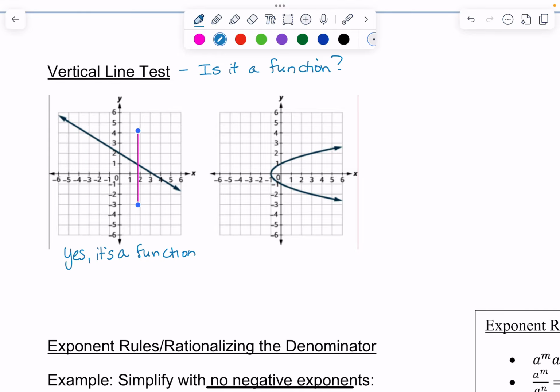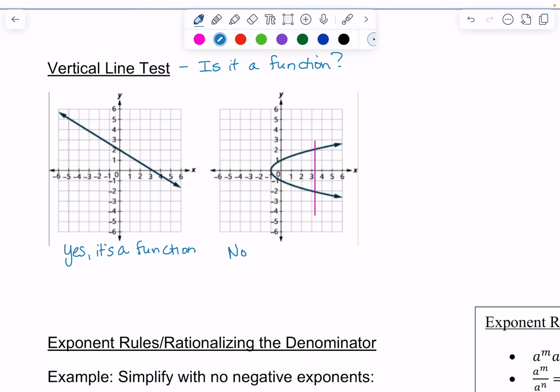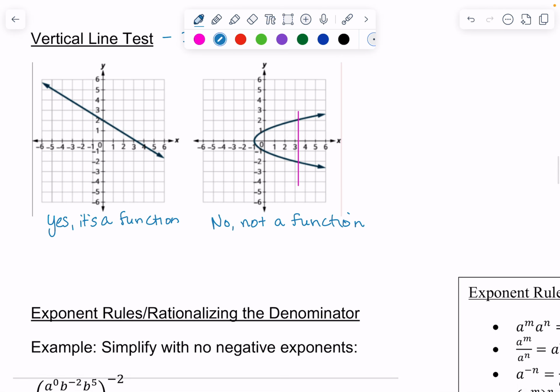If I go over to the other one, let me take my vertical line with me, you can see that I have multiple places where I cross that vertical line with my curve more than once. And so this one is not a function. All right, that's my vertical line test.